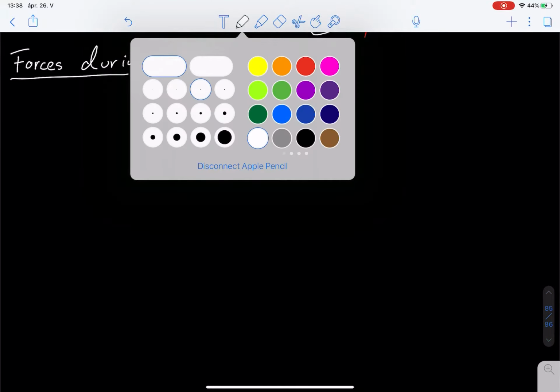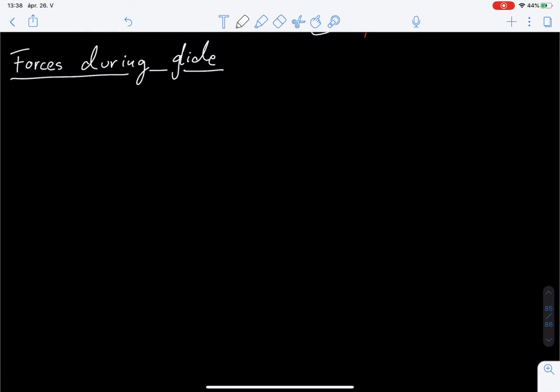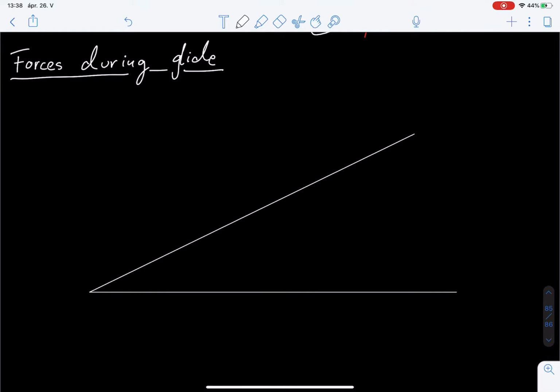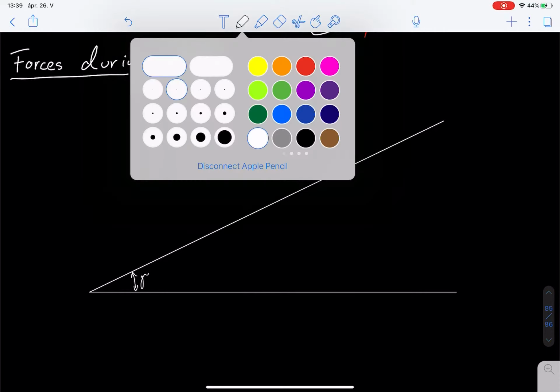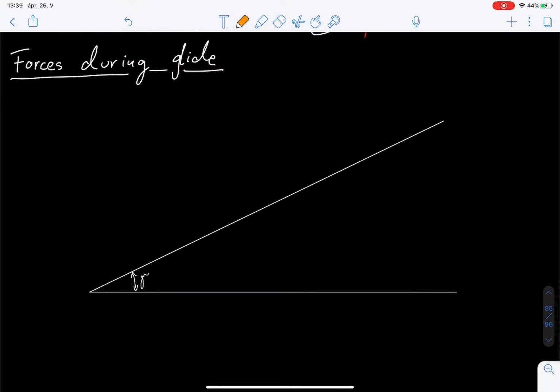Being present. So of course we're going to have the local horizontal, and we're going to have a flight path along which the center of gravity of the aircraft travels, and between them we're going to have a flight path angle, and along this flight path we're going to have, let's say in this example, a glider.